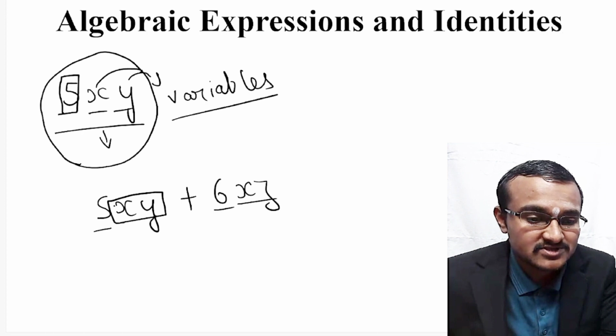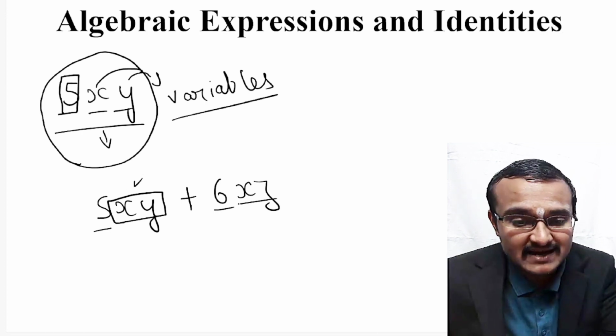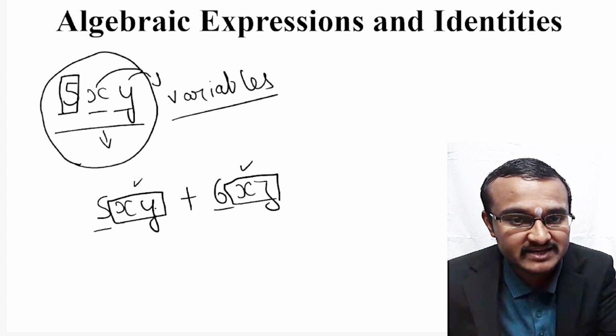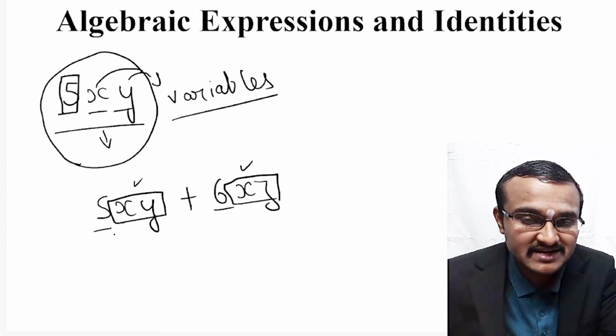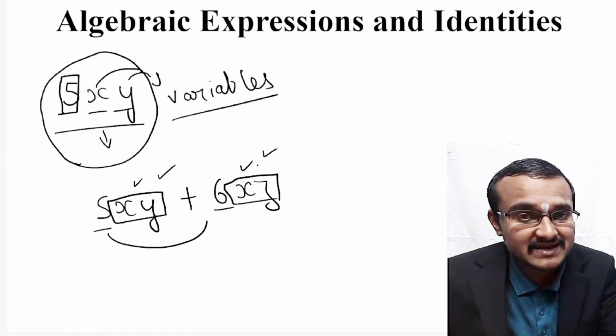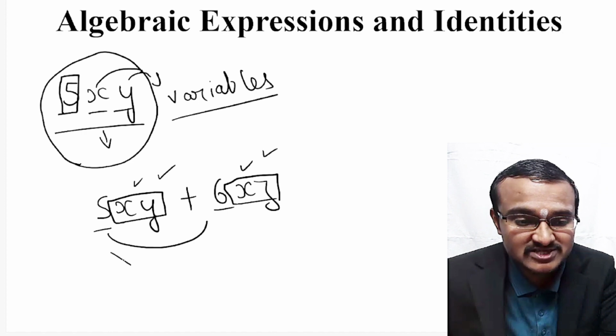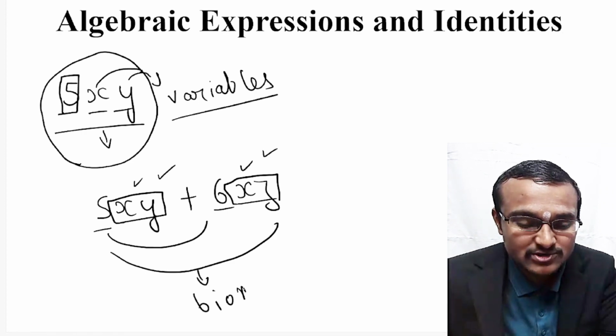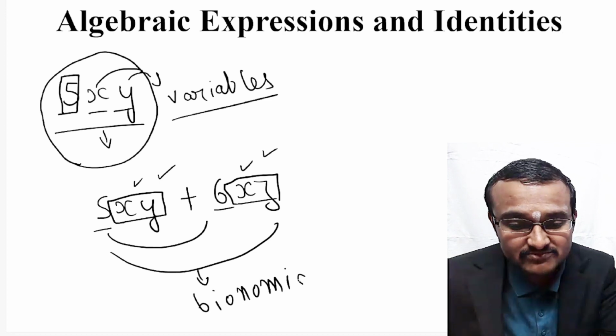That means 5xy has different variables and 6xz has different variables. When the variables are different, you cannot add the numbers. So this is a two-termed algebraic expression. When an expression has two terms in it, it is known as a binomial. So this is a binomial.